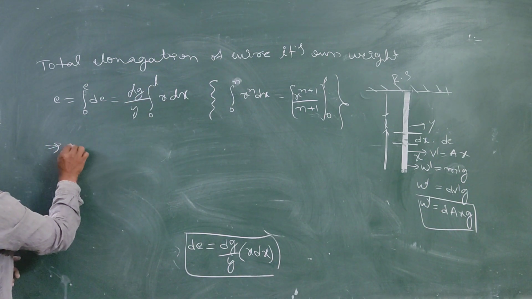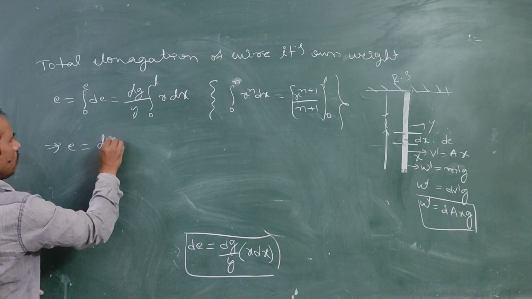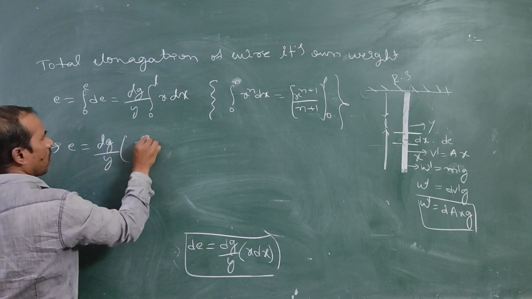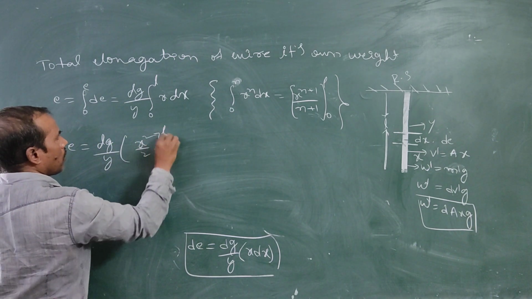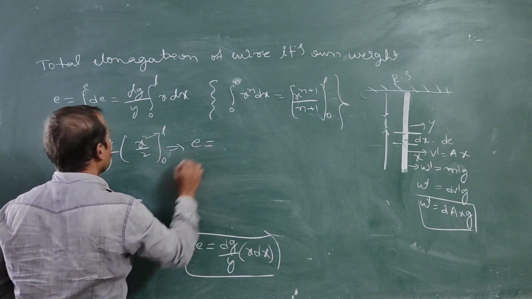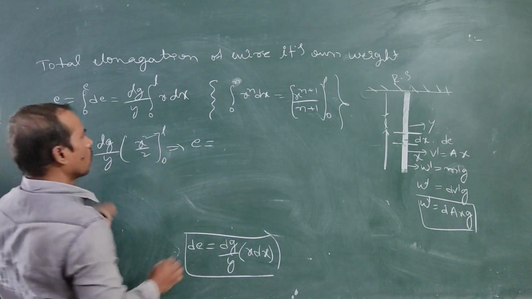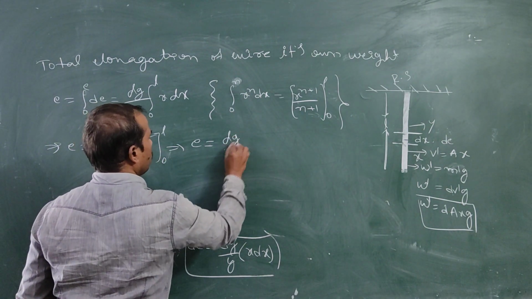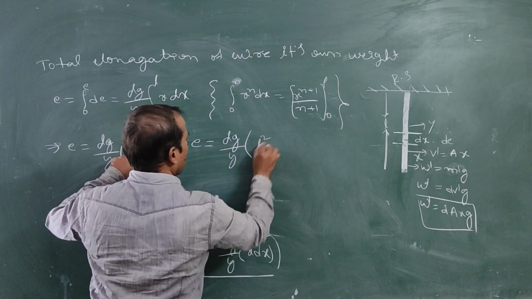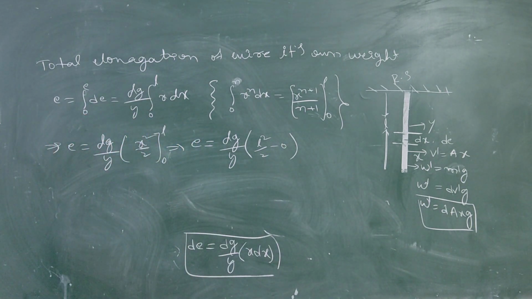Finally, the total elongation in the wire due to its own weight is d g by Y into L square by 2 minus 0, upper limit minus lower limit.